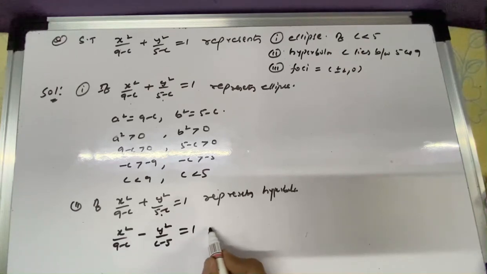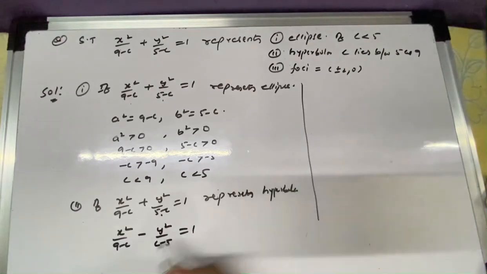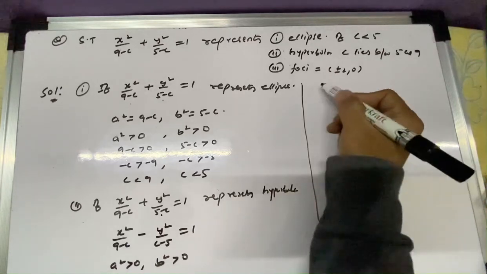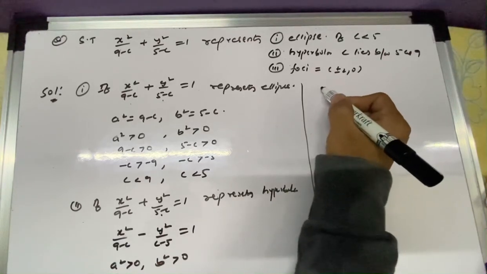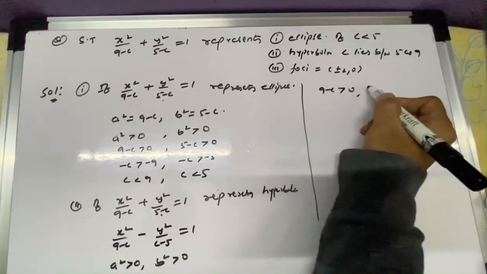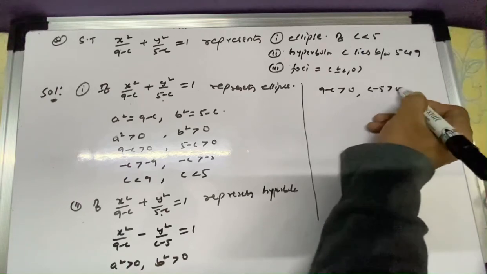Then same thing happens. A square is greater than 0, b square is greater than 0. A square is 9 minus c greater than 0, c minus 5 is greater than 0.